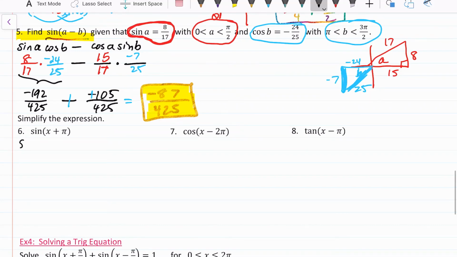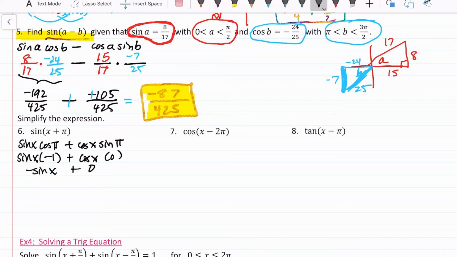For number 6, sine of x, cosine of pi, plus cosine of x, sine of pi, which will give you sine of x times negative 1, plus cosine of x times 0, which is negative sine of x plus 0, which is negative sine of x.